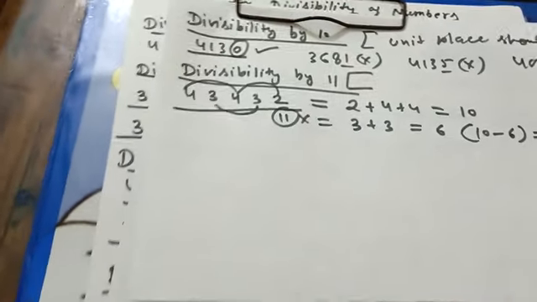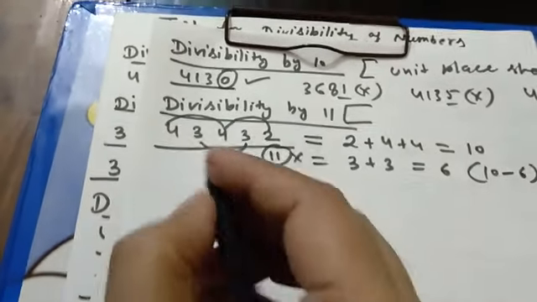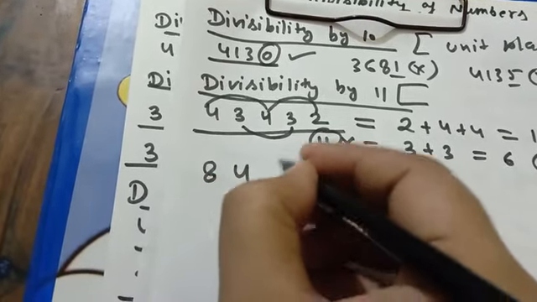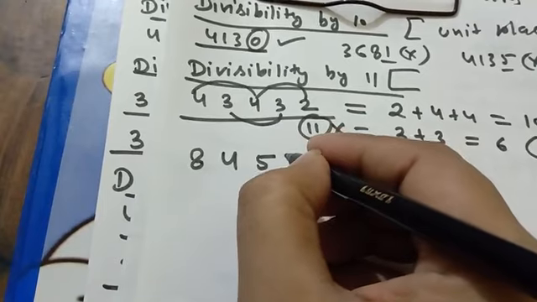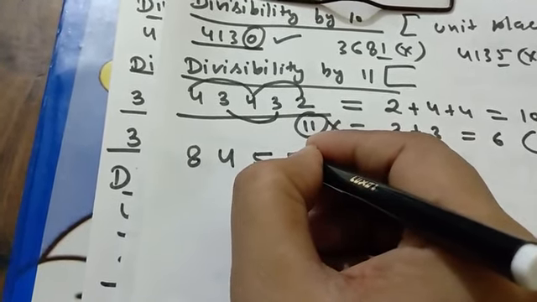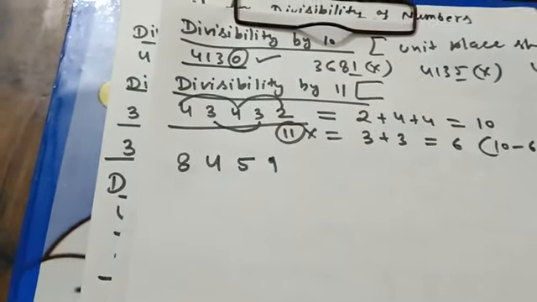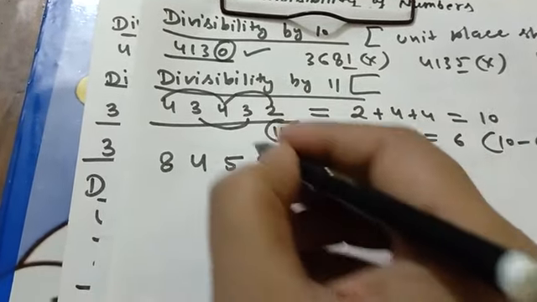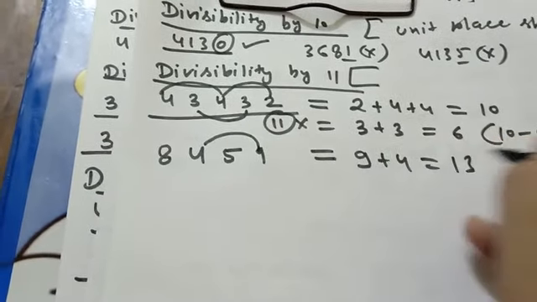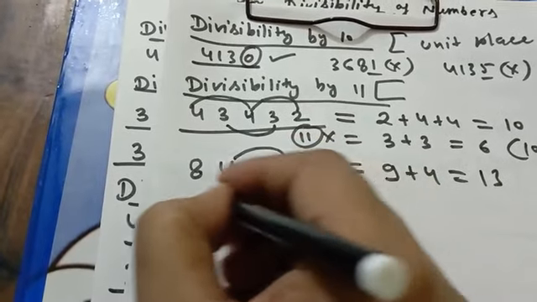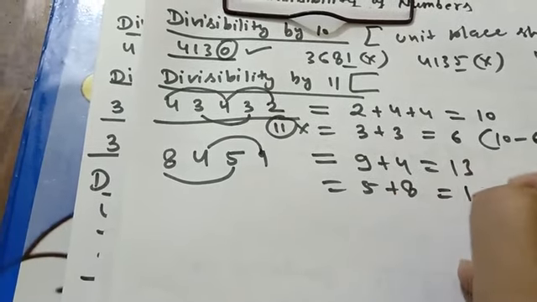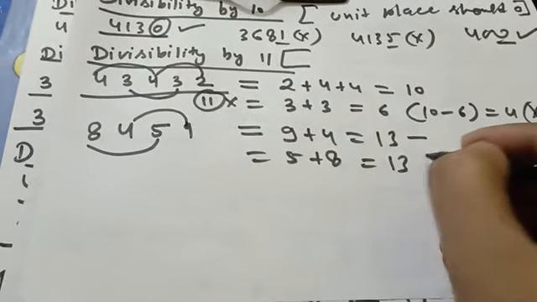Okay, taking another number. I have taken another number. Now adding the digits at odd places, 9 plus 4 is equal to 13. Taking the digits at even places, 5 plus 8, the sum is 13.